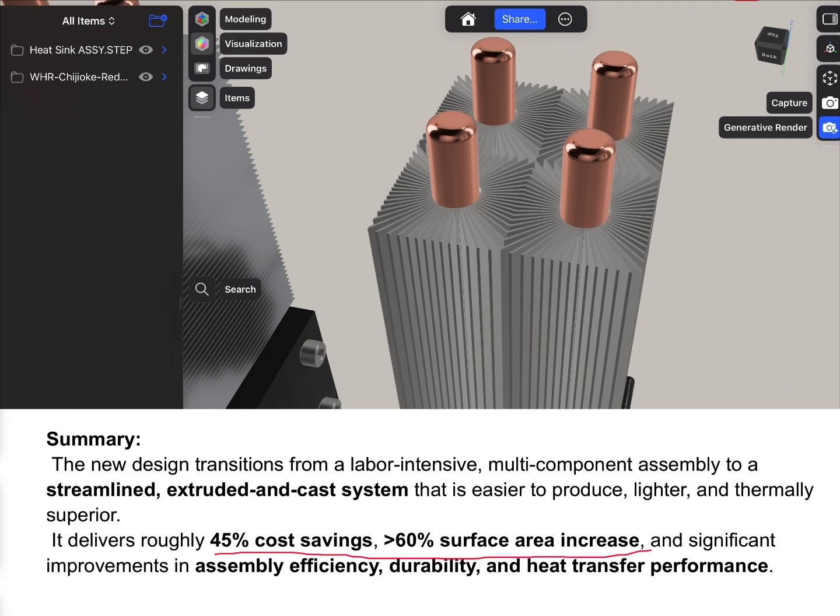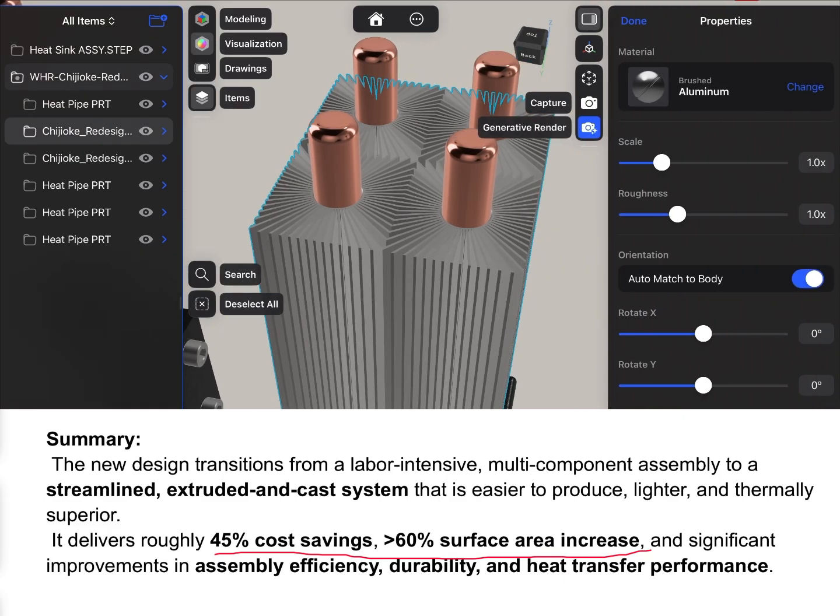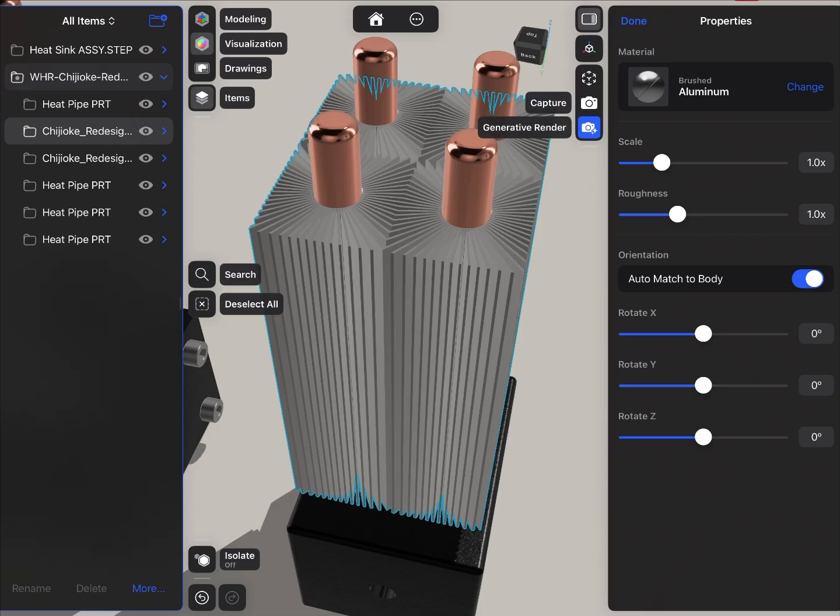As you can see here, you just need to assemble this one piece, the extruded aluminum block that makes the fins, and that is this block right here.